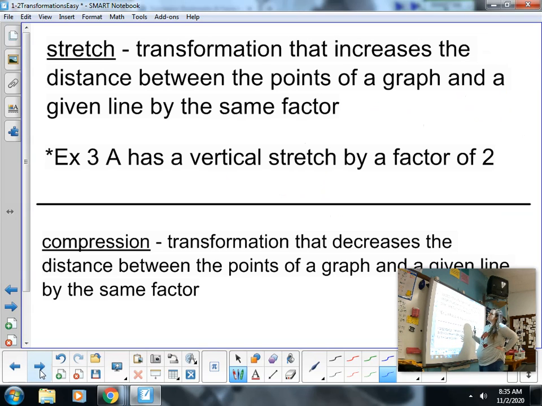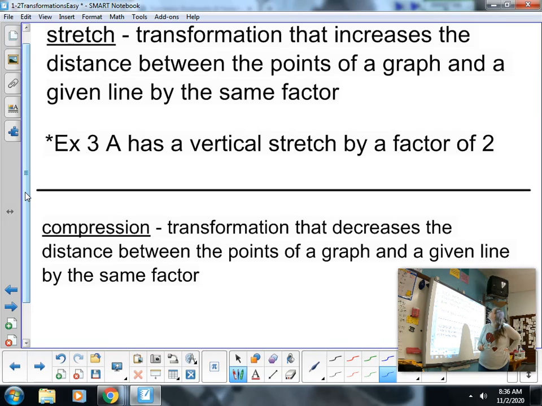We didn't actually do a compression example, but that is down here. Compression is where you are squeezing things. A stretch is when you're stretching them. A stretch is a transformation that increases the distance between your points in the graph by some factor.